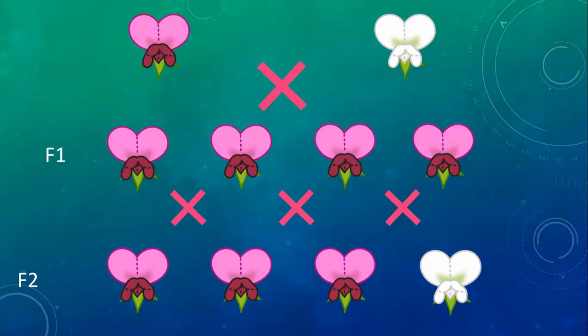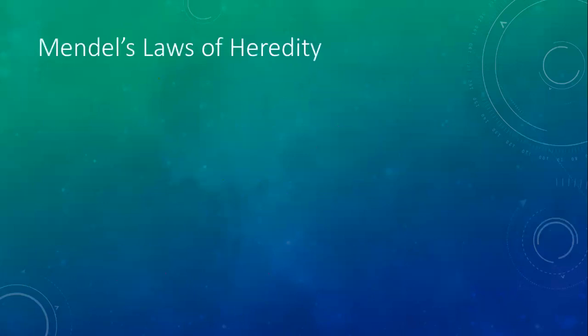Of course, this was a bit random, so there was some variation, but across a large number of experiments, he got around 1 white flower for every 3 red. And he did a lot of other experiments for the other characteristics, combining them with each other. And from this, he finally came to his laws of heredity.